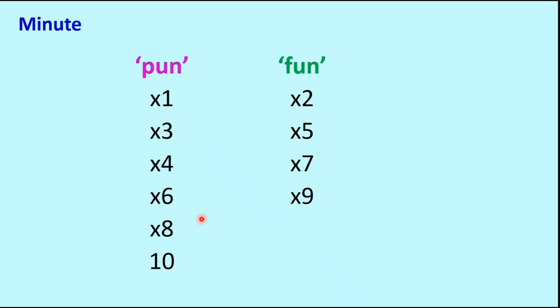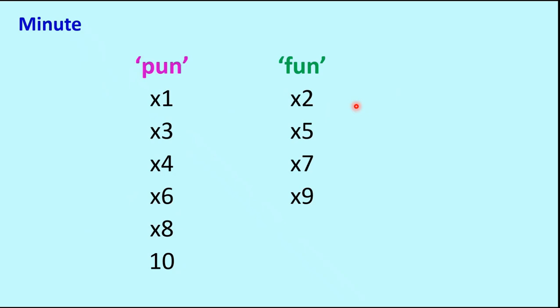So this is the detail of when we use pun and when we use hun. The minutes which end in 1, 3, 4, 6, 8 and 10, for these we use pun. And for the minutes which end in 2, 5, 7 and 9, for these four cases we use hun.